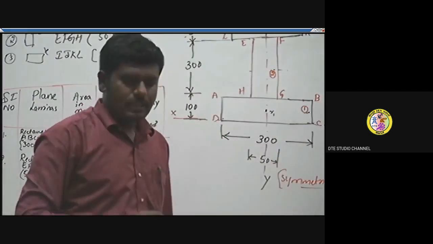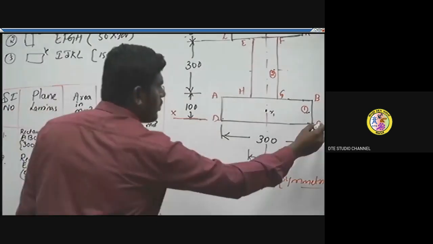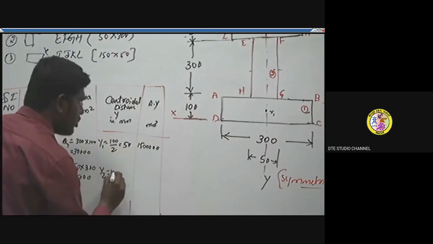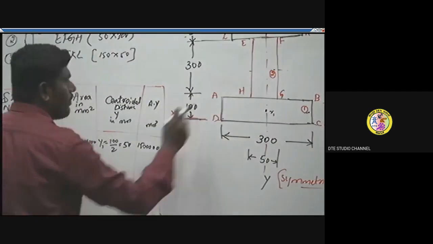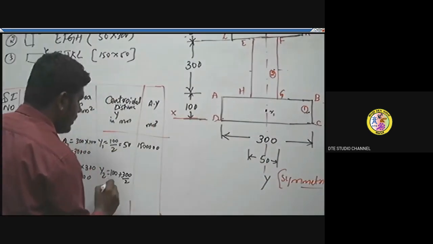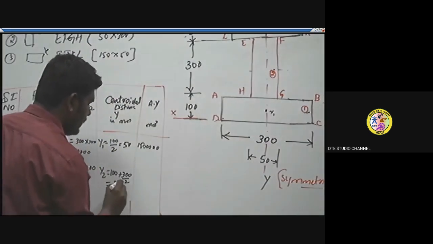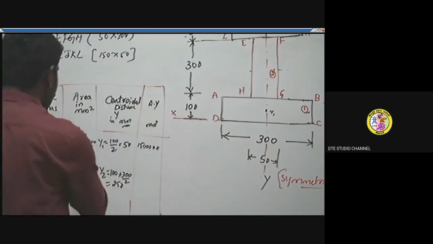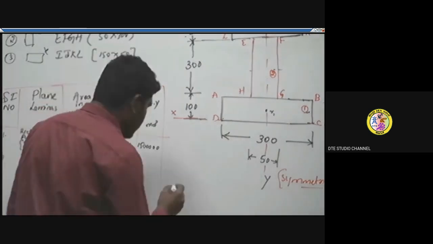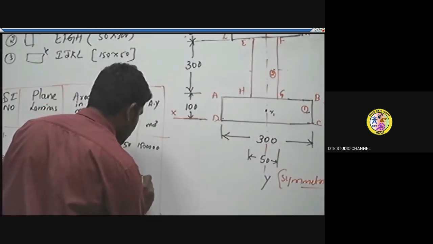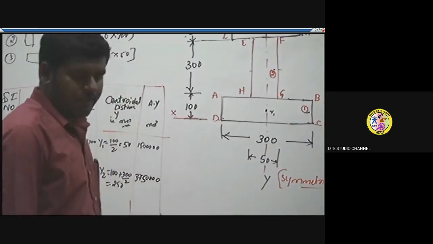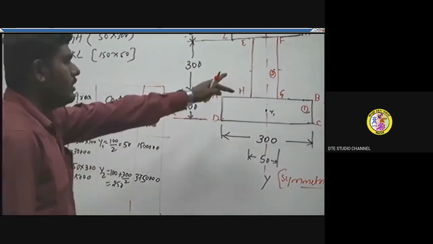So going from the bottom, the bottom flange width is 100 plus half of its breadth, 300 by 2, that is 150. So 150 plus 100 is 250 in mm. The product of these two, A2 and Y2, will be around 375,0000. This is the value after multiplying the area of this web with its centroidal distance.